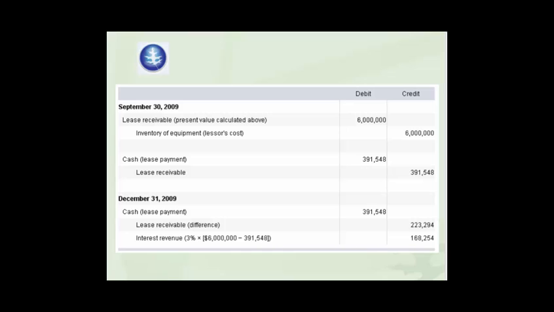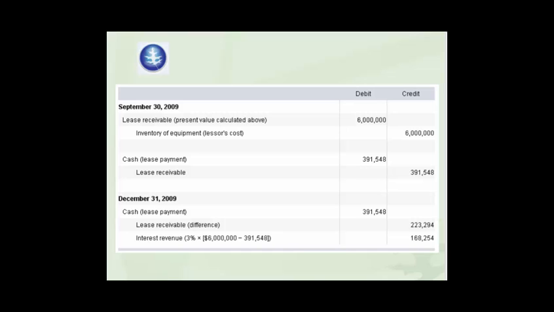Let's work the last entry first. Since the market rate is 12% and there are 4 payments per year, we take 12% divided by 4 to come up with 3%, and we take 3% times the outstanding balance of the lease receivable, which would be equal to the $6 million less the first payment at the signing of the lease of $391,548.